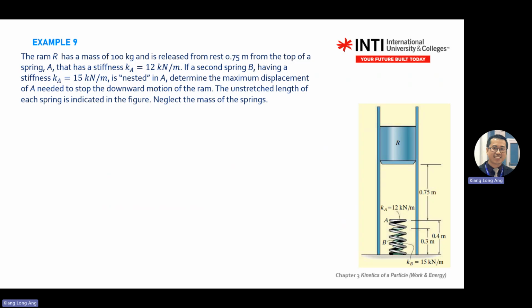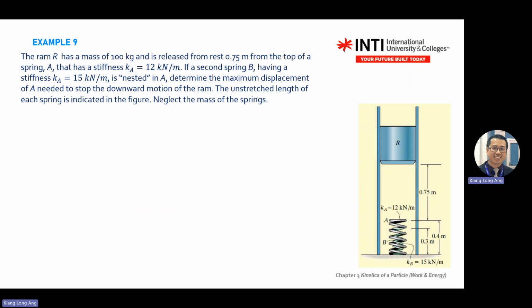The ram has a mass of 100 kilograms, released from rest from the top, so you have V1 at position 1. You can label where your first position and second position are in your free body diagram. From rest, 0.75 meter on top of the spring. So before you start, they have a spring below. The distance is 0.75.